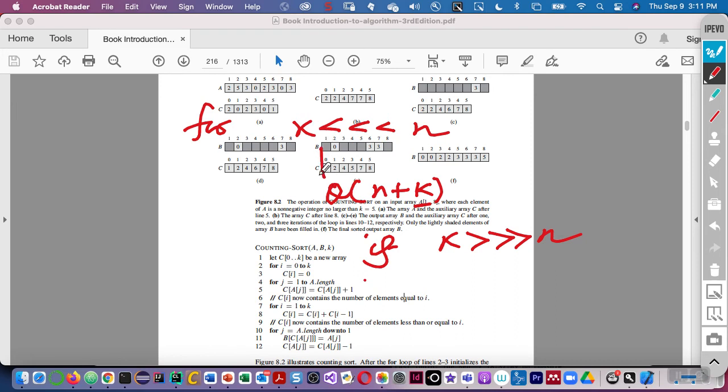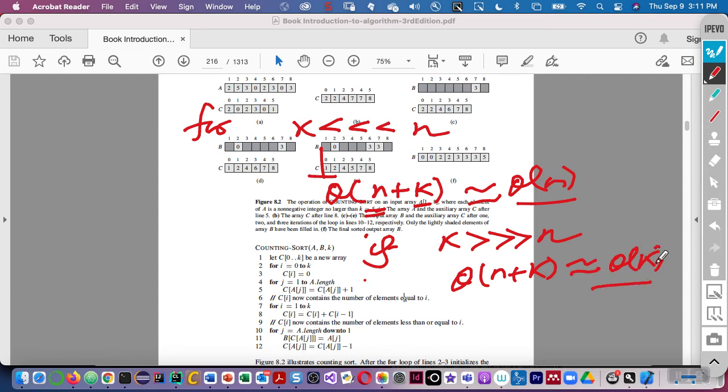Theta n is equal to theta of n. And in that case theta of n plus K will be theta of K. K will be the dominating value.